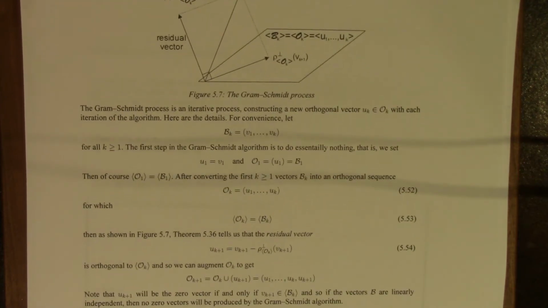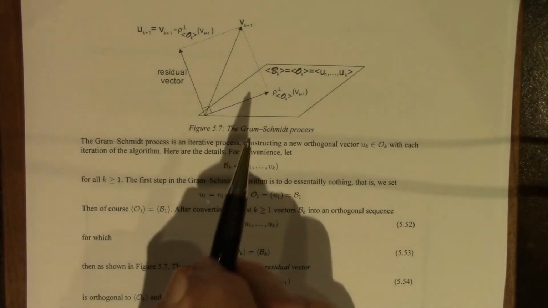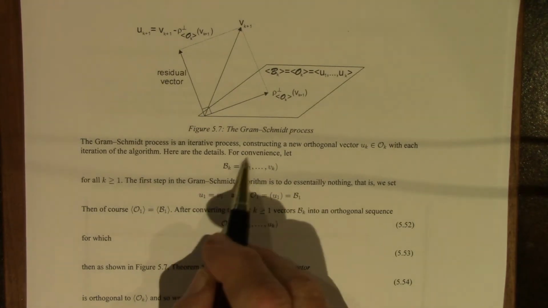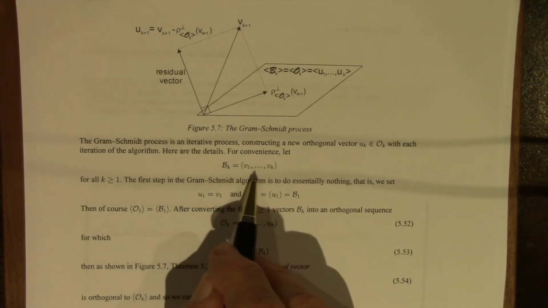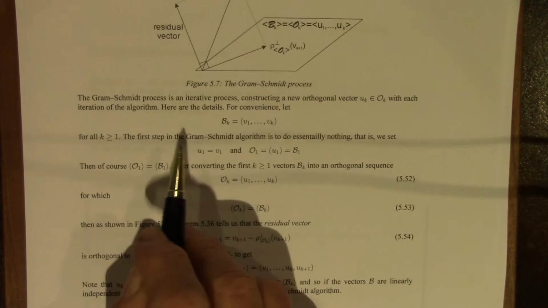The Gram-Schmidt process is iterative, constructing a new orthogonal vector, U sub k, with each iteration. So here is how it works. For convenience, we'll let B sub k be the sequence consisting of the first k vectors in the original sequence.